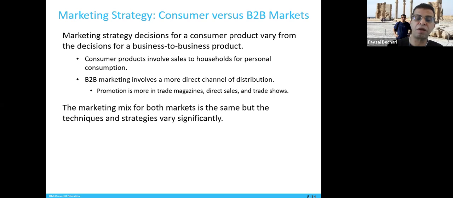Oracle is a very famous software product for organizations because its focus is B2B. But Microsoft was focusing in the old days on B2C. So the marketing mix for both markets is the same, but the technique and the strategy vary significantly. All of them will have price, promotion, place, and product, but how it's done is different.